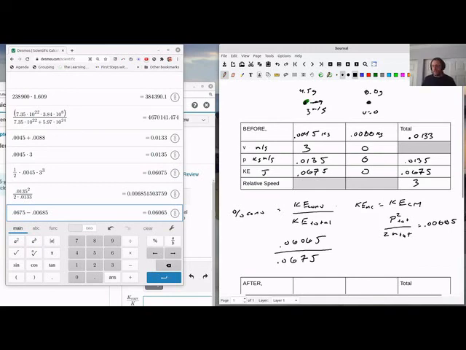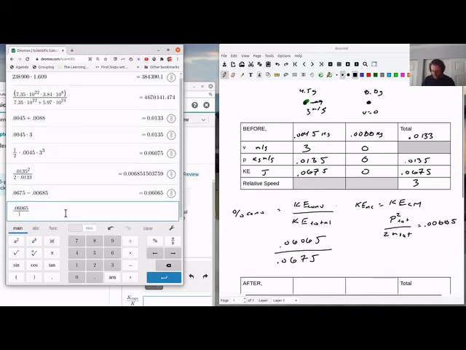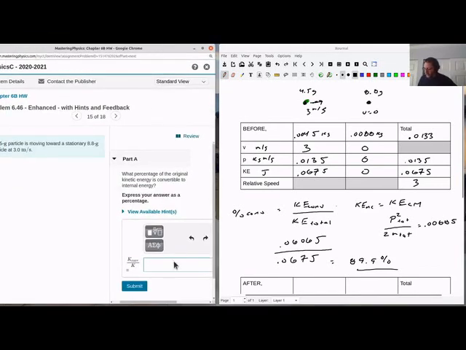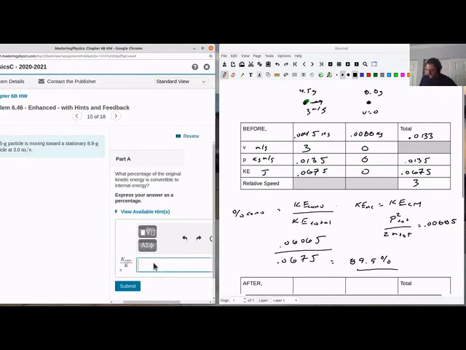So the percent convertible is 0.06065 divided by 0.0675, and we get 89.9%, which within the precision of the data that we've got, we're going to round to 90. This is probably asked for in a percent, so I can write 90.